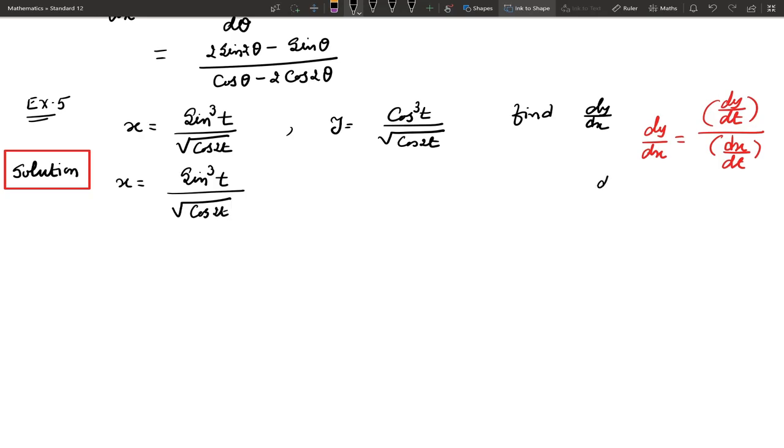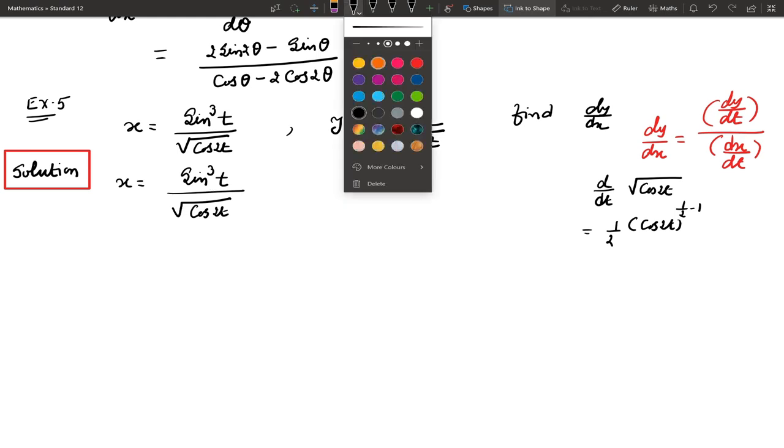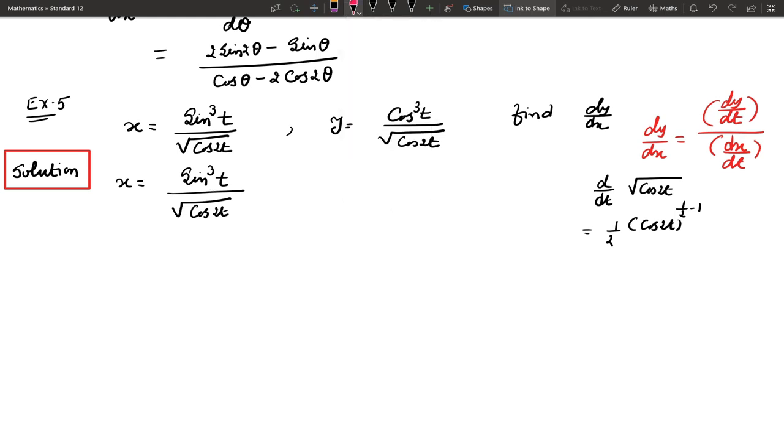You note that d by dt of root cos 2t: here the power is 1/2, so cos 2t raised to 1/2 minus 1, and again by chain rule d by dt of cos 2t.